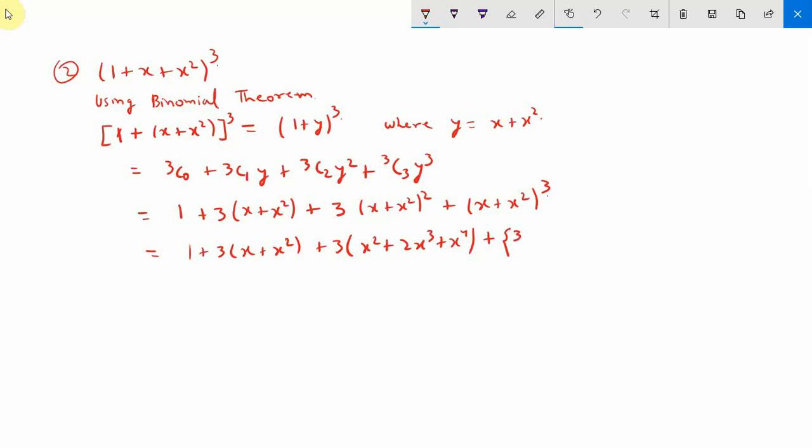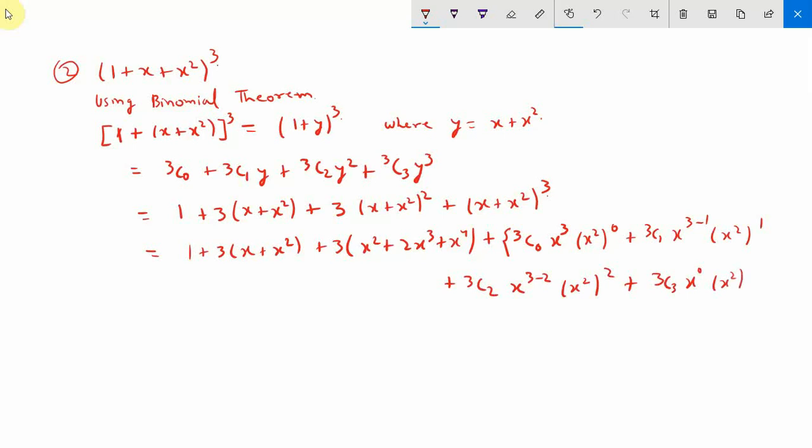So if we use binomial theorem, we will write 3c0 x to the power 3 and x square power 0, plus 3c1 x to the power 3 minus 1 x square to the power 1, plus 3c2 x to the power 3 minus 2 and x square to the power 2, plus 3c3 x to the power 0 and x square to the power 3. So this is how we can expand this.